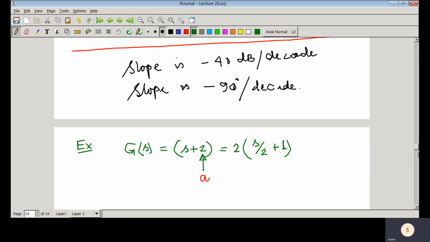So now what would be G(j omega)? G(j omega) is equal to 2 into (j omega divided by 2 plus 1).